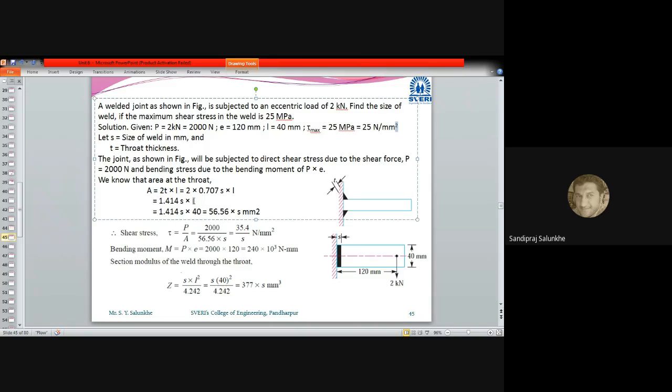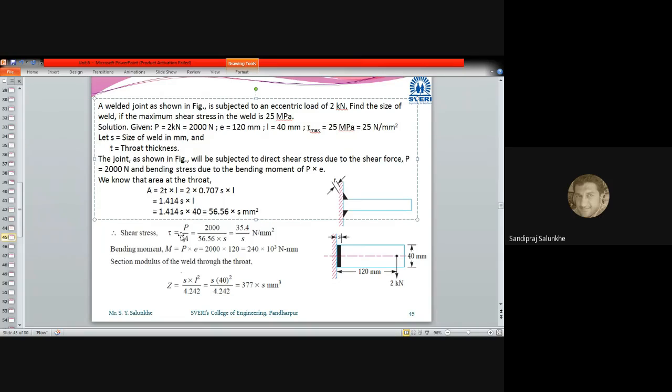L is given as 40 millimeter, so the area will be 56.56 S millimeter square.